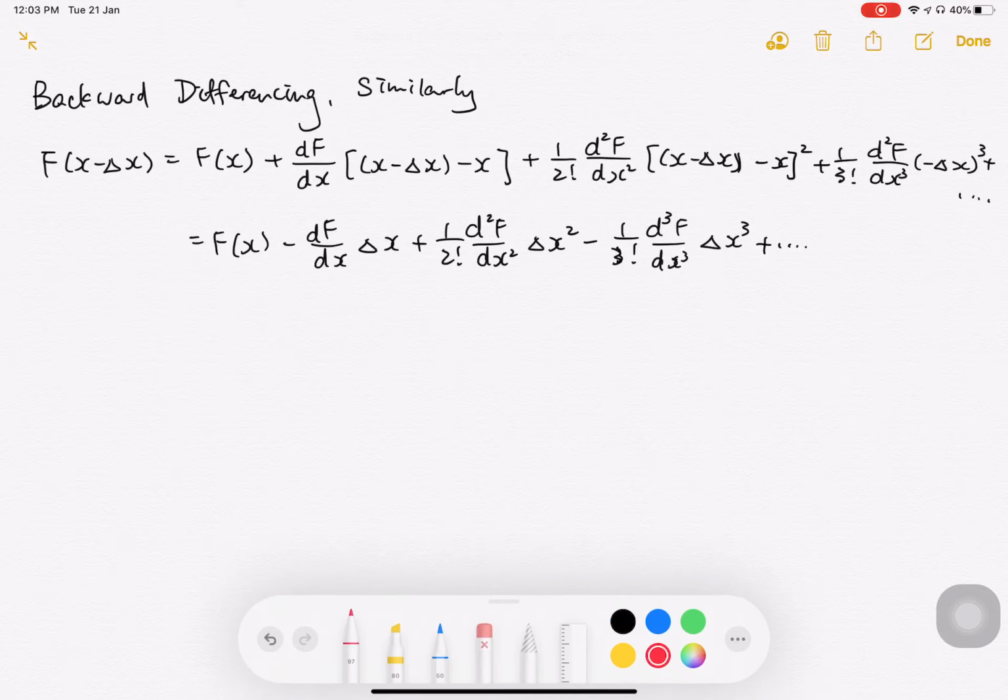Okay, and then we take this aside, and here the negative sign is coming from the minus delta x to the power 3.